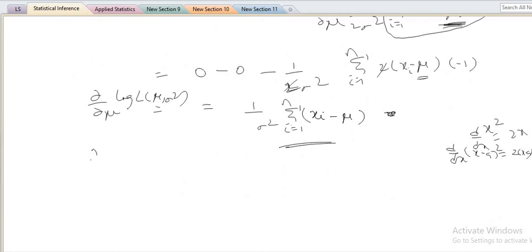Now we need to equate dou by dou mu of log of L of mu comma sigma square to 0.